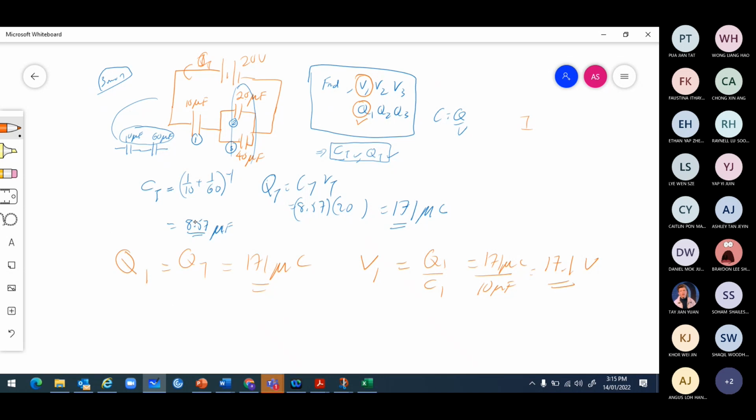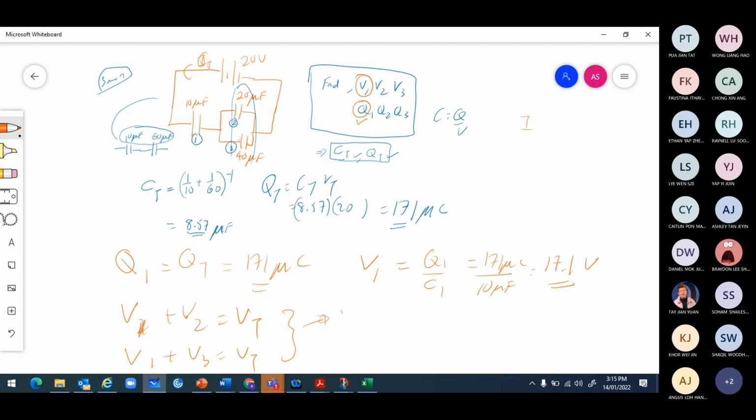So V1 plus V2 should equal V total, or V1 plus V3 also equals V total, because it's a loop. Next you can work out V2 and V3.